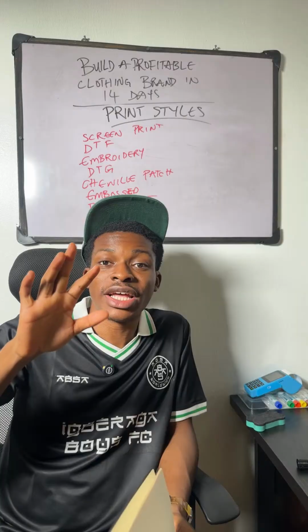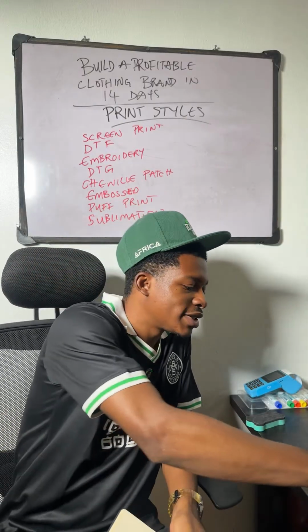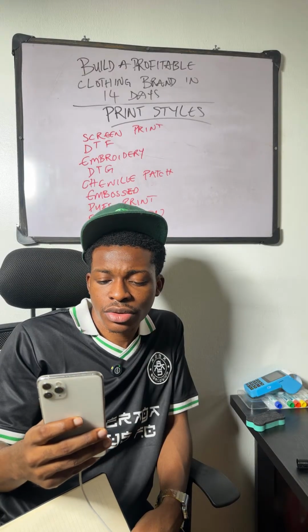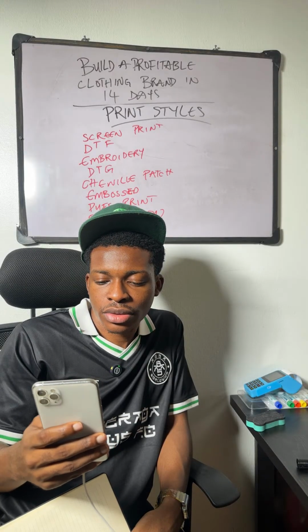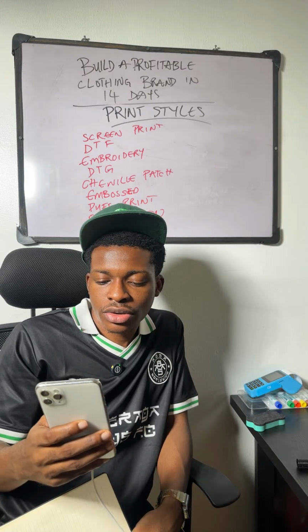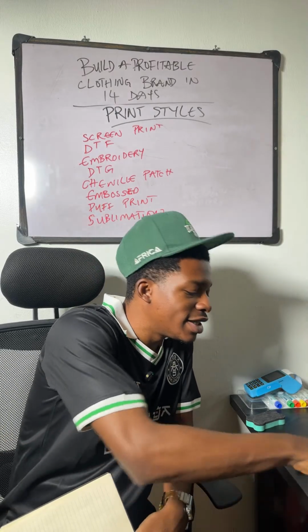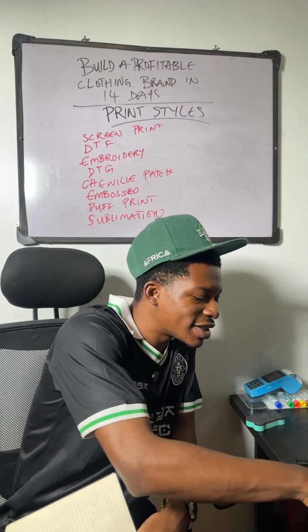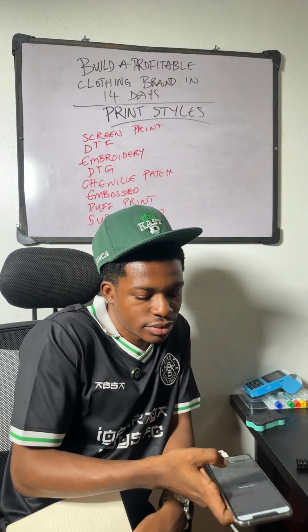So they use a thing called a screen, right? Let me try and show you guys an example. They use something called a screen. It looks like a canvas, yes.